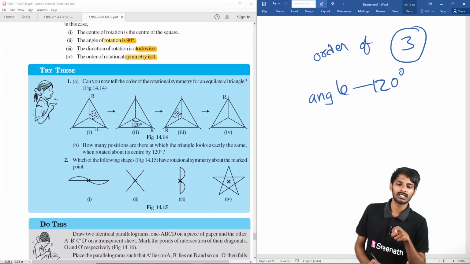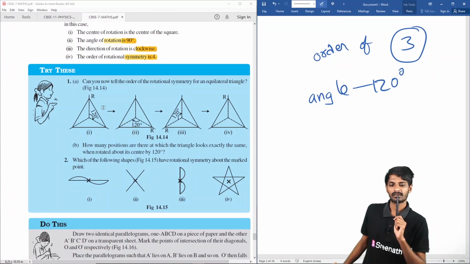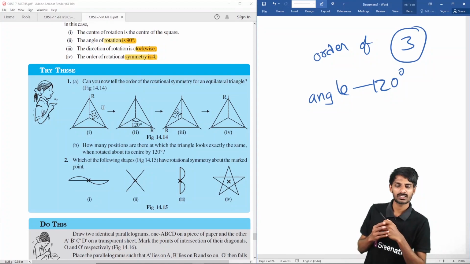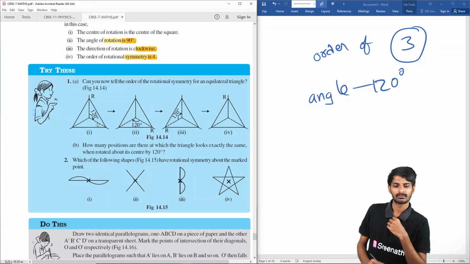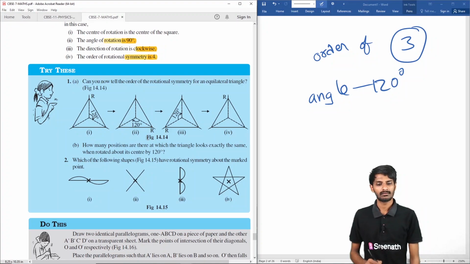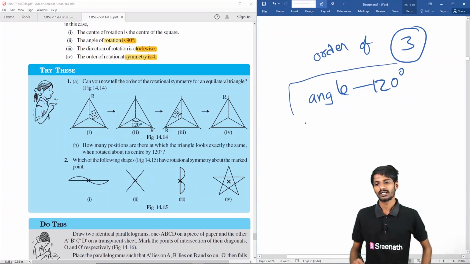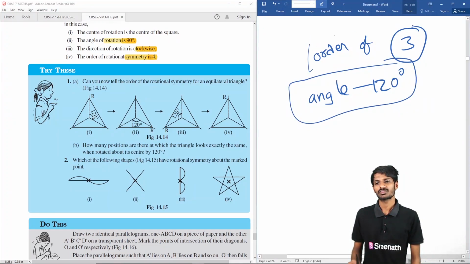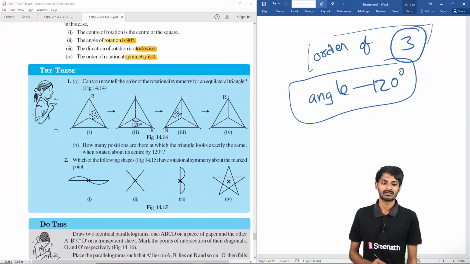For every 120 degrees of angle, you will see the symmetry. Okay, students, that is happening here. So the angle of symmetry is 120 degrees, and the order of symmetry is 3, students.